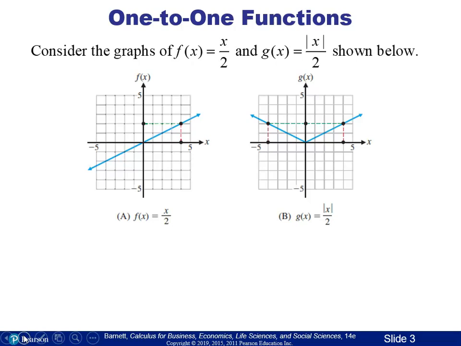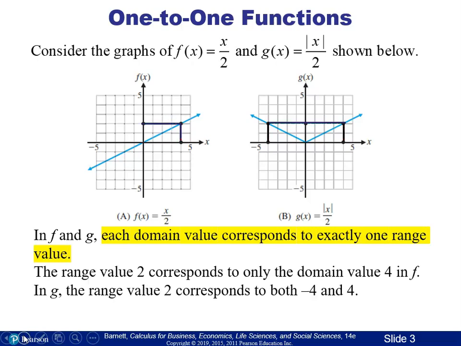So for a one-to-one function, basically, each domain value corresponds to exactly one range value. It's probably easier to look at the one that's not one-to-one. Here, we have a range value of 2, and that corresponds to both 4 and also -4.